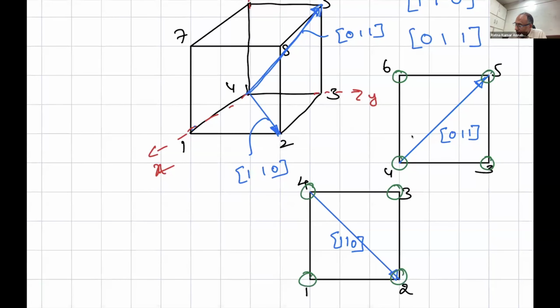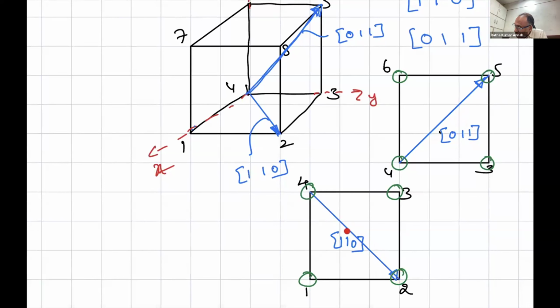Now, if you look at this 1, 1, 0 line and 0, 1, 1 line, right? You see that you will feel exactly the same environment if I don't tell you that you are running on this plane or that plane. Because by moving the same amount of distance, you will find the next neighbor.